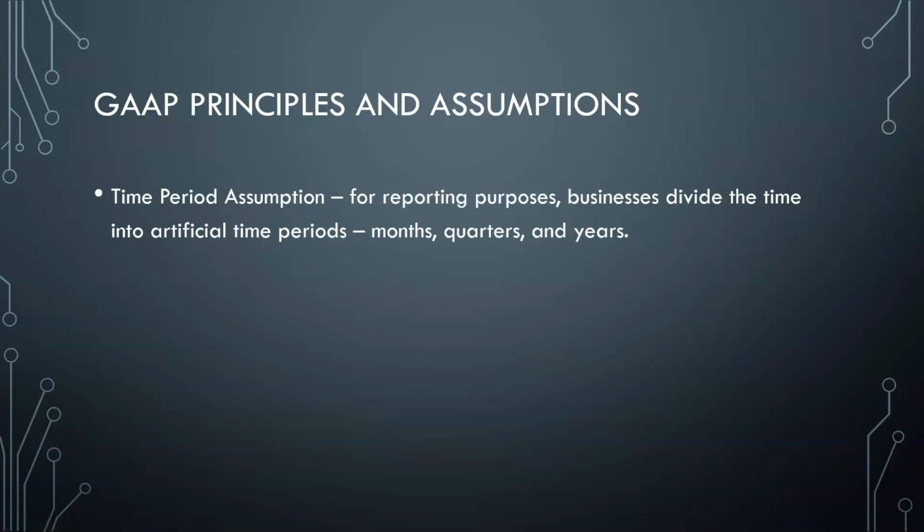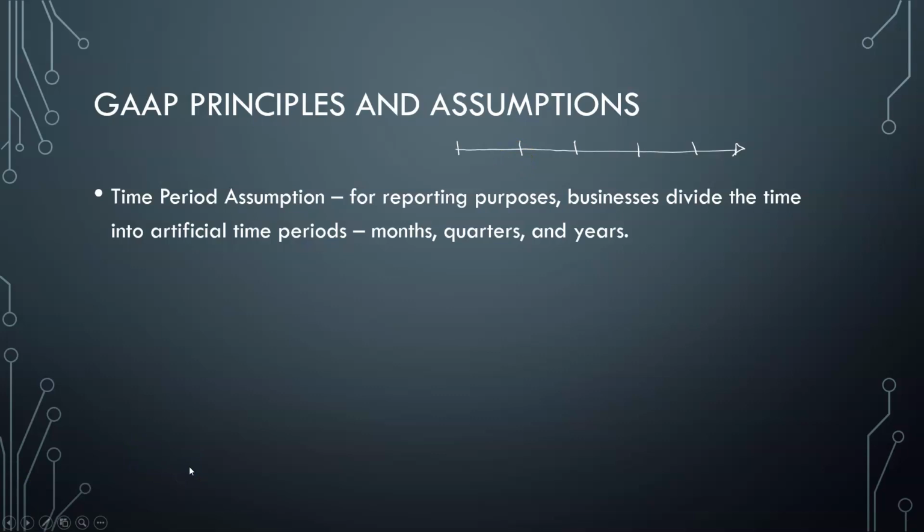The next one we're going to take a look at is the time period assumption. For reporting purposes, businesses divide time into artificial time periods, typically months, quarters, and years. We know that time is continuous, but for financial reporting purposes, businesses are going to split time into equal periods so that when they report their financial statements, we're going to report financial statements for those equal periods.